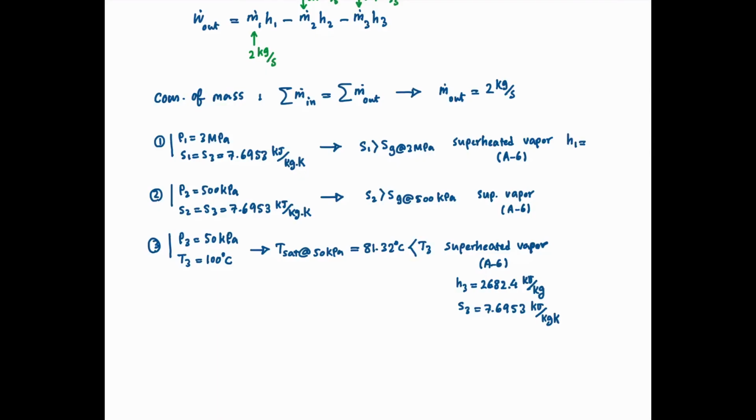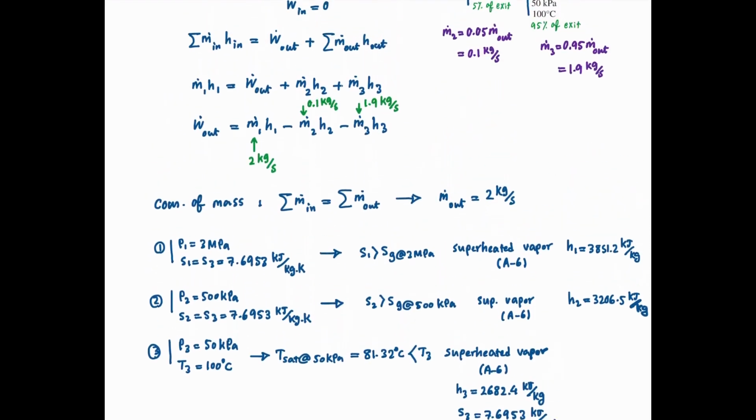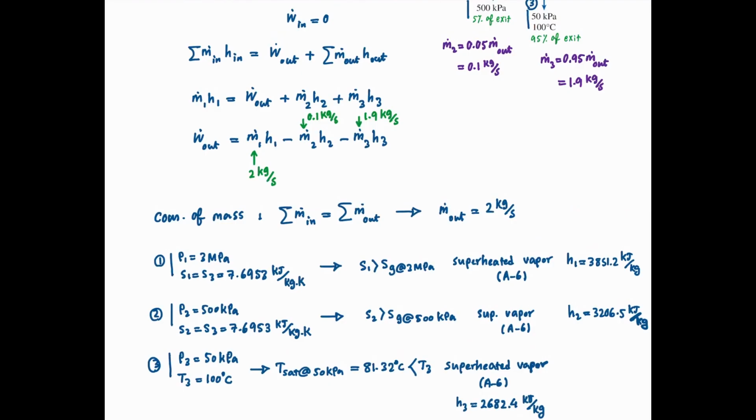H1 is 3851.2 kilojoule per kilogram, and H2 equals 3206.5 kilojoule per kilogram. So all of the numbers for enthalpies are known. I will go back to the first law of thermodynamics and solve for the only unknown, W dot out. It is equal to 2285 kilowatt. And this is the final answer.